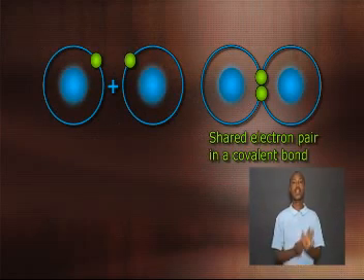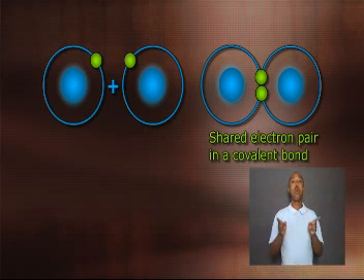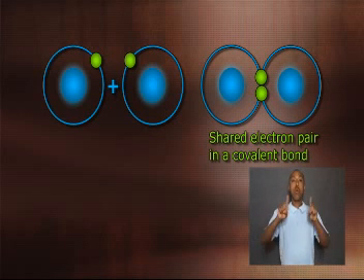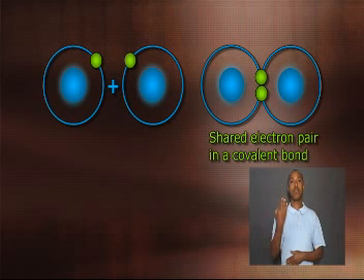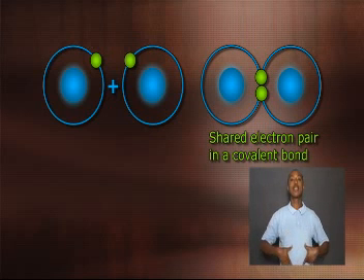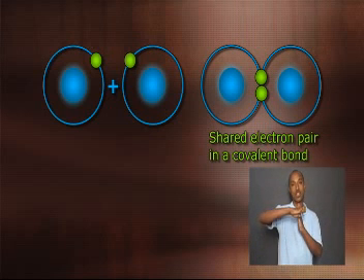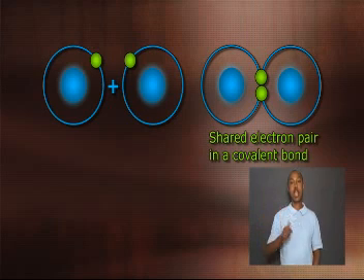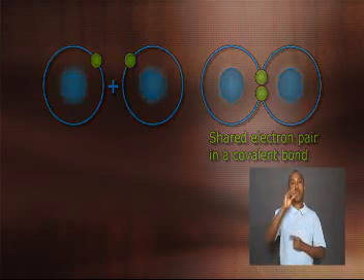For example, when two hydrogen atoms share their valence electrons, they form a hydrogen molecule, as you see here. When a hydrogen molecule is formed, each of the hydrogen atoms gains the stable electron configuration of helium, which is a noble gas.